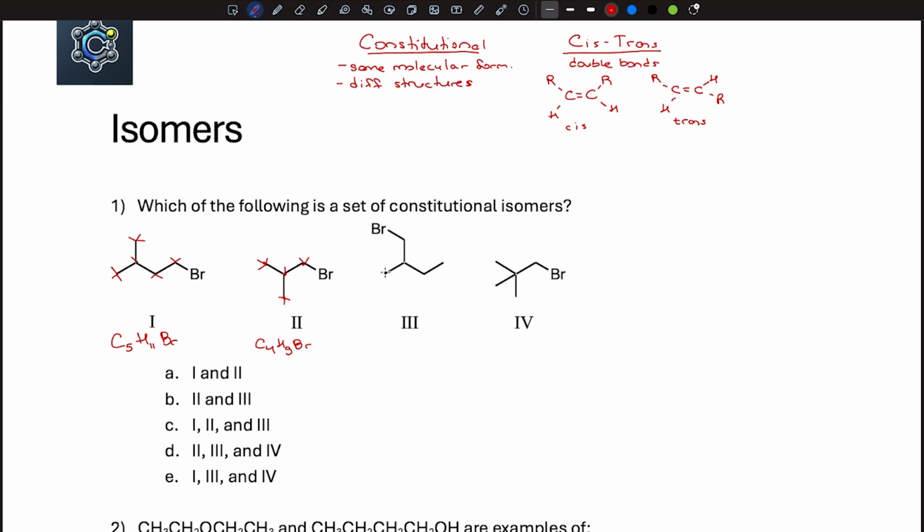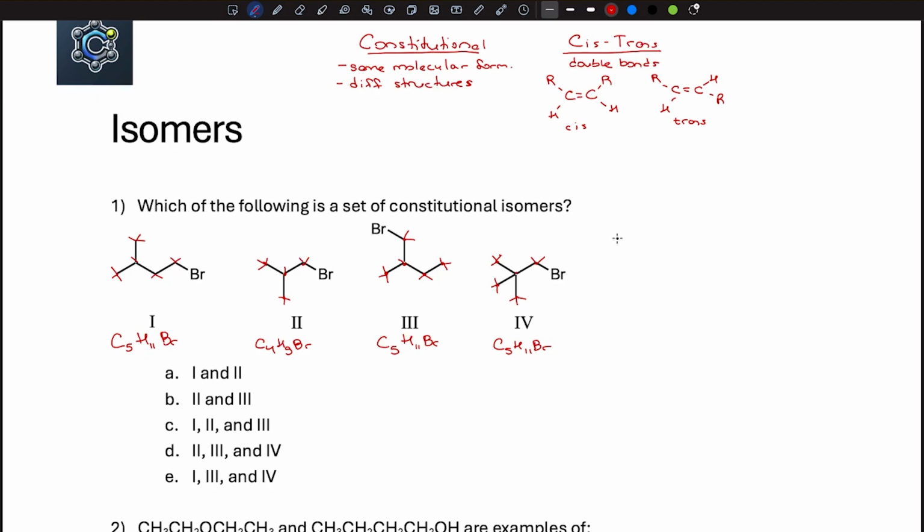The next structure, 3, I have 5 carbons and 11 hydrogens, and again, 1 bromine. And in the last structure, I see 5 carbons, 11 hydrogens again, and 1 bromine.